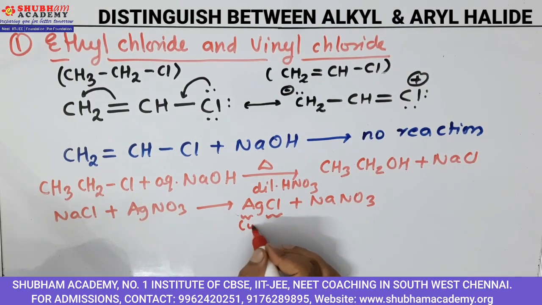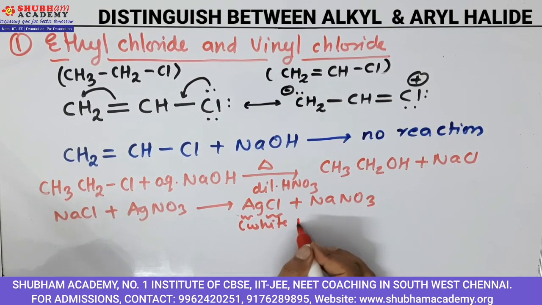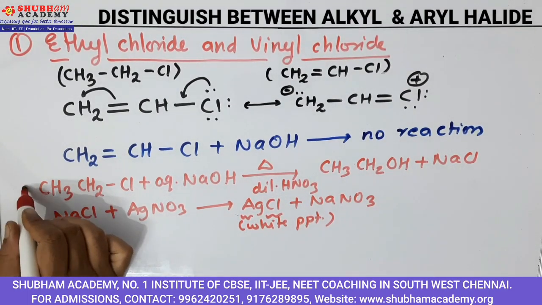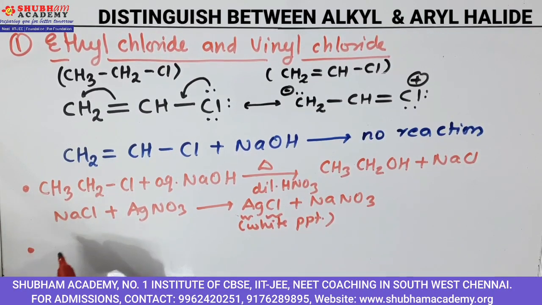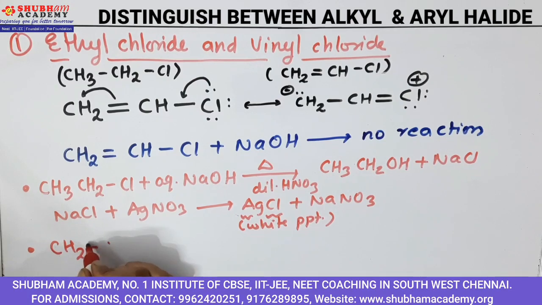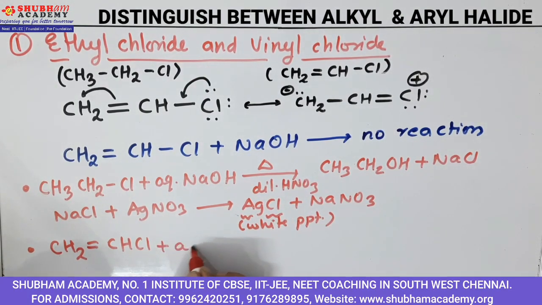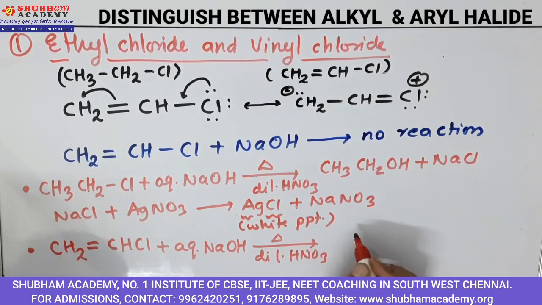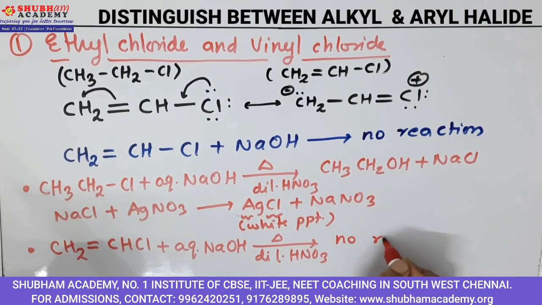So this will form a white precipitate, okay. Whereas for vinyl chloride, CH2=CHCl plus aqueous NaOH, heat in the presence of dilute HNO3, right, you will get no reaction.